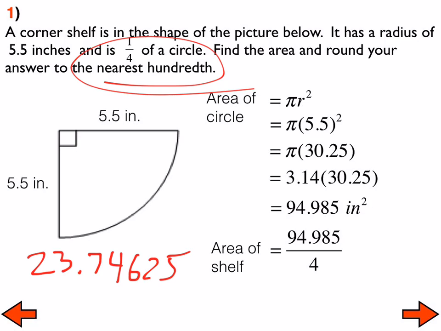But it does say to round to the nearest 100th, and so that would be 23.75. We do have units here, so inches squared. 23.75 inches squared. Any questions with that problem? We have to pay attention to our multiplying.